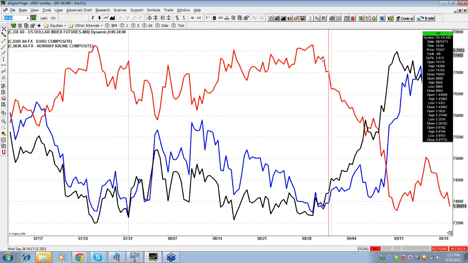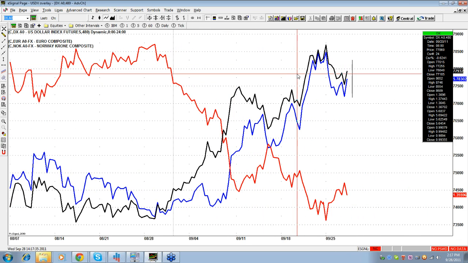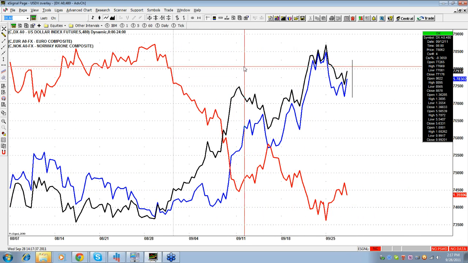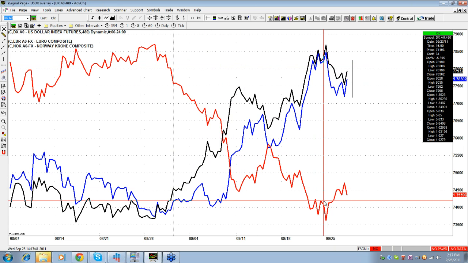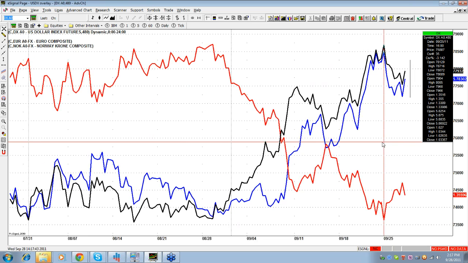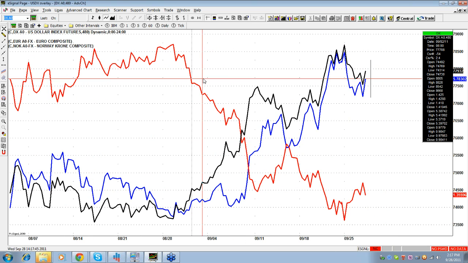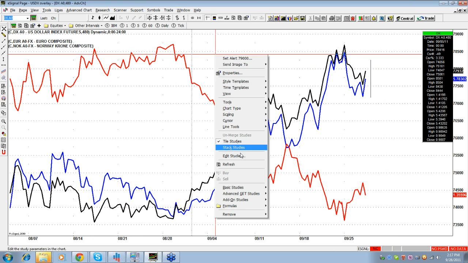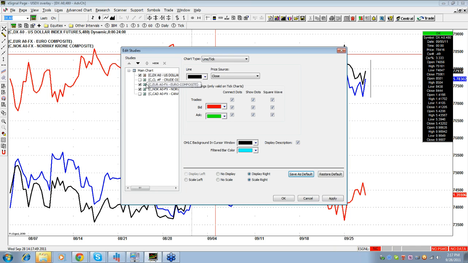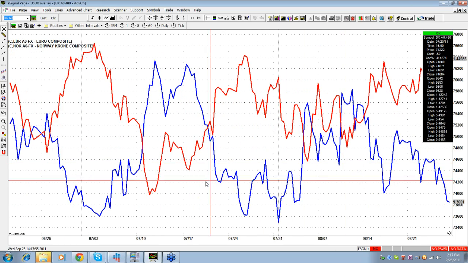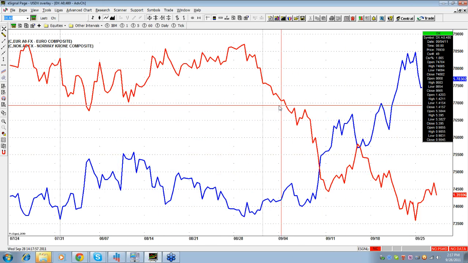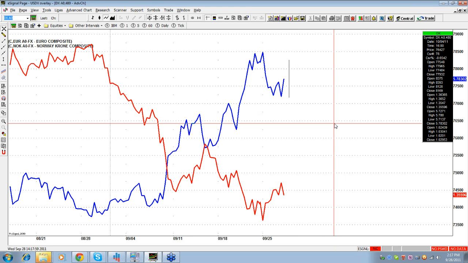Now you can see, of course, they are inverse. In other words, if one goes higher, the other one goes lower. But the structure, they are very similar. Let me put these two together. You see, they are very similar in structure, at least to my eye.